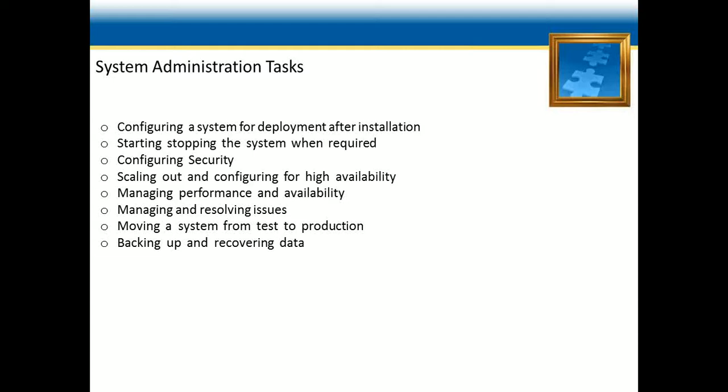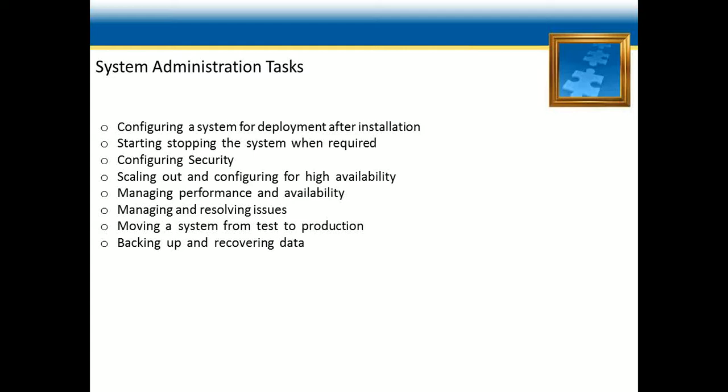Third is configuring security. It means securing access to the Oracle Business Intelligence system, metadata and the data which is available, configuring Secure Socket Layer and single sign-on, and integration with the identity management system.